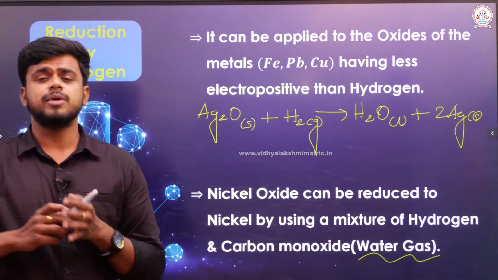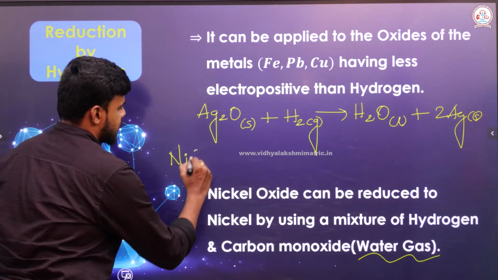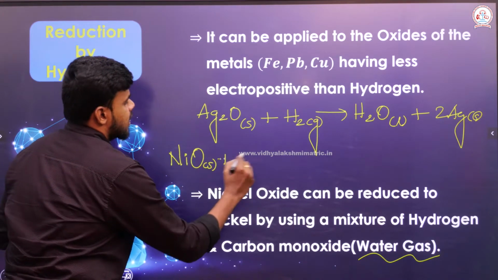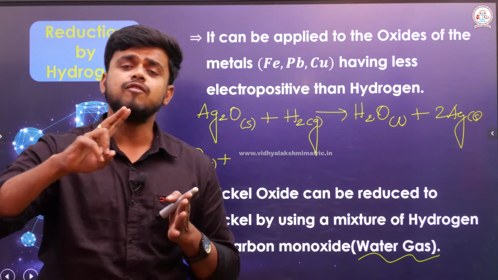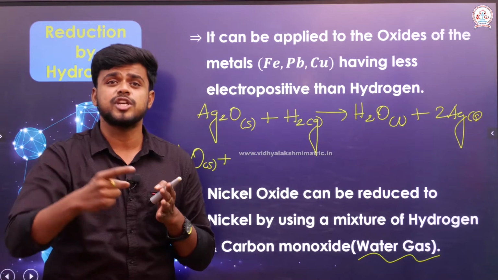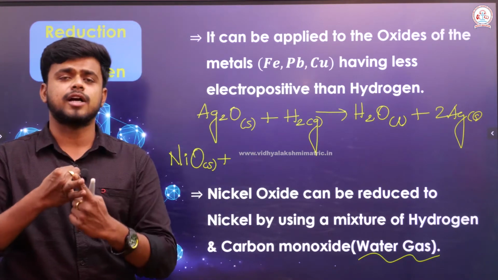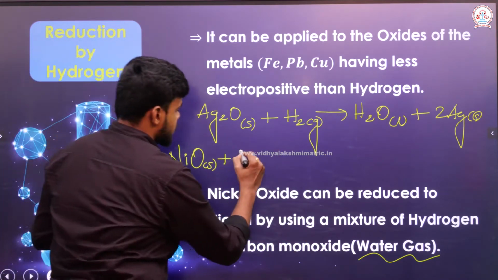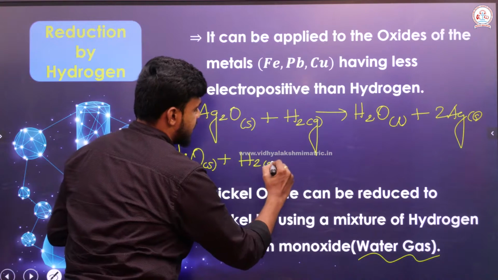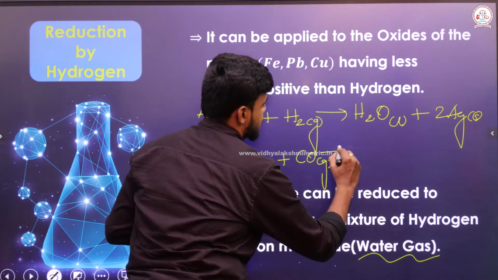So when the nickel oxide has to be reduced by hydrogen, we have to take it in the form of a mixture, which must contain hydrogen and carbon monoxide together. We call it water gas. So, hydrogen will be taken up, and along with that carbon monoxide will be present.